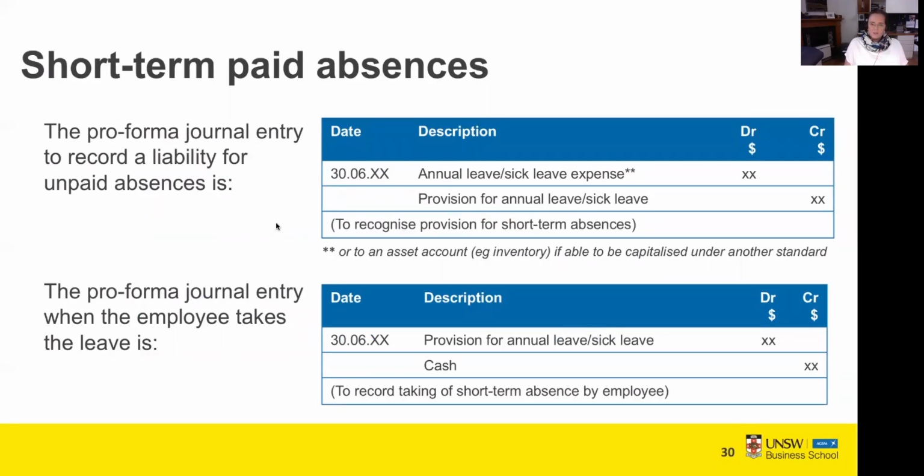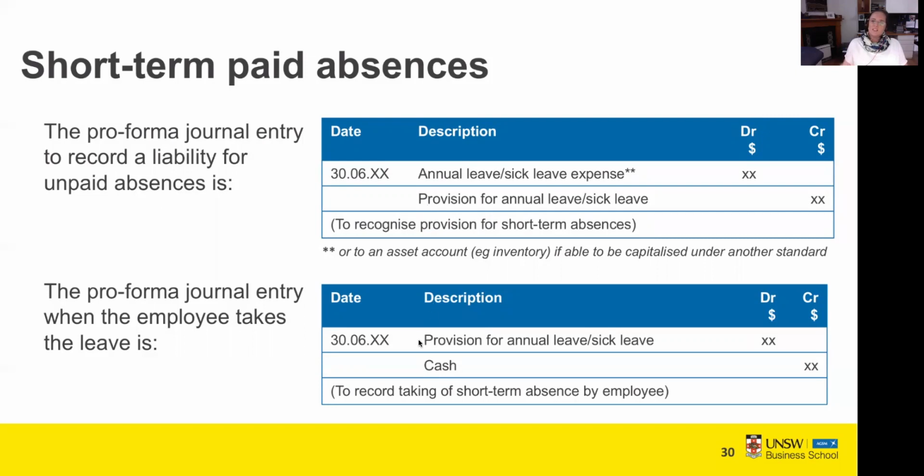Before we look at some detailed examples, our pro forma journals. When we are recognising a liability for any unused leave, we debit the expense, annual leave or sick leave, depending on what type of leave it is. We debit the expense and we credit a provision.